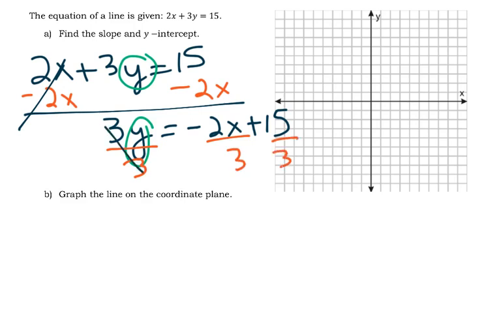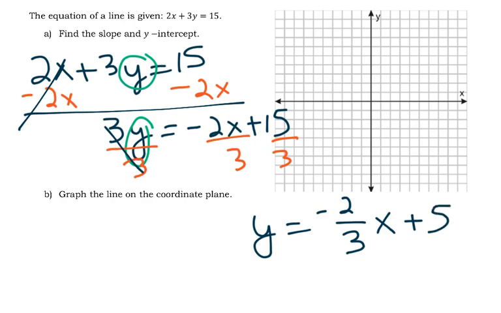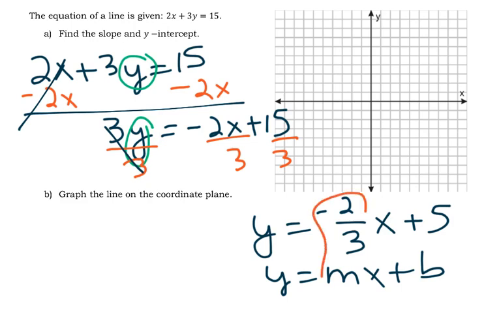When I do that, I get y is equal to negative 2/3 x plus, and I leave it as a fraction because it doesn't divide nicely, but 15 over 3 divides nicely, and that gives me 5. So the first step is to be able to solve for y, get y by itself. Now once you have solved for y, it is in the form y equals mx plus b, which is what we want, because now we can see that the negative 2/3 is our m, and the 5 is our b.